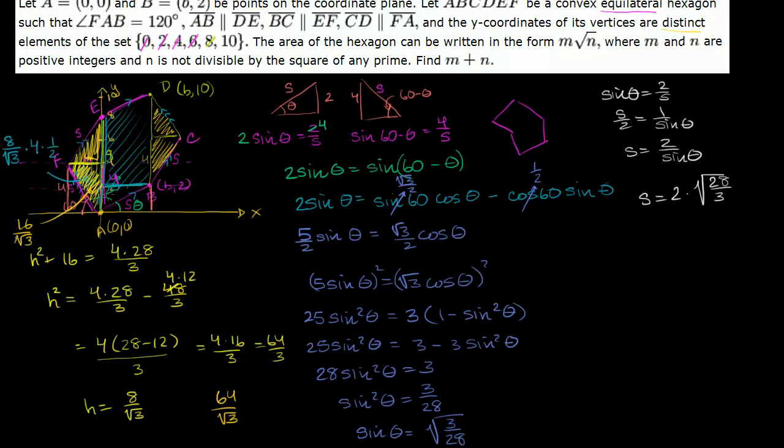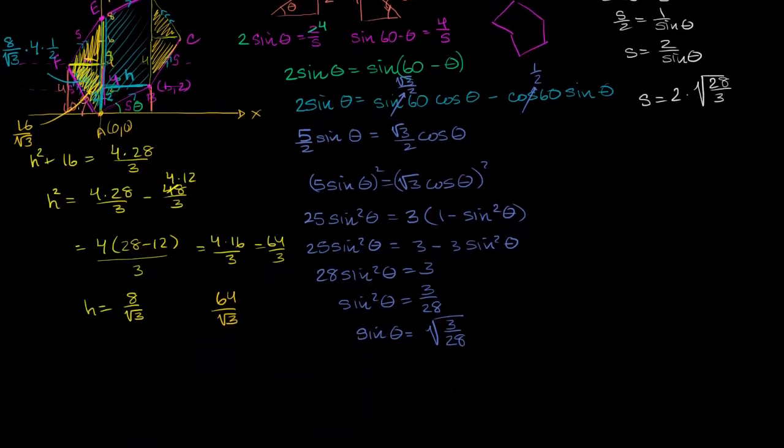I'll use h again, but you just have to remember that this is a different height. This base over here is of length 2. So we can now write that h squared plus 4 plus 2 squared is equal to s squared.